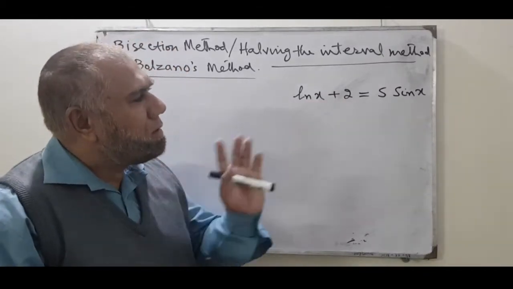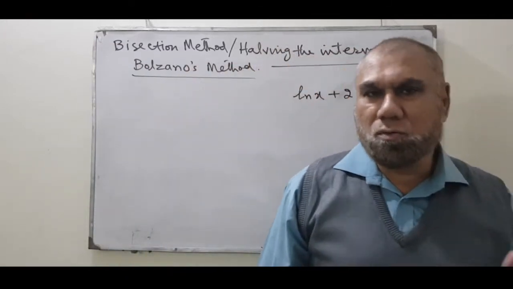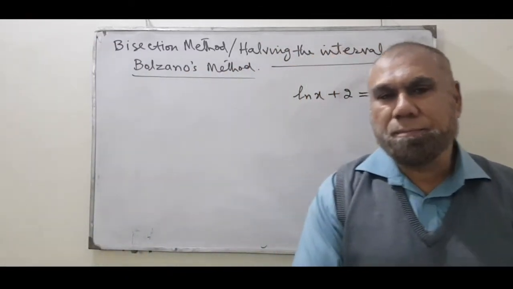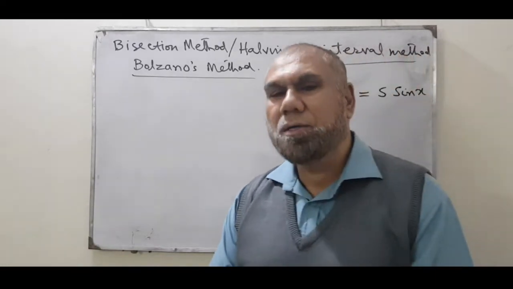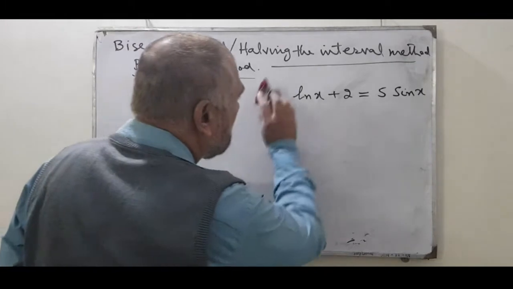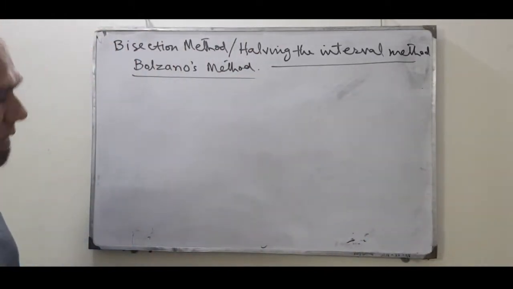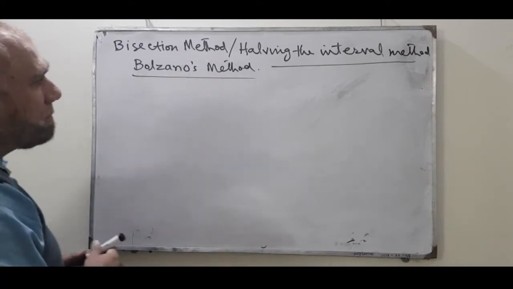There are a variety of equations in which the root we are looking for may appear like this, where we are not able to find the root by some direct technique. For this we use the numerical method under the title of the bisection method.